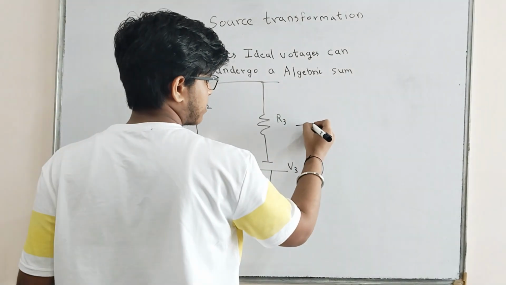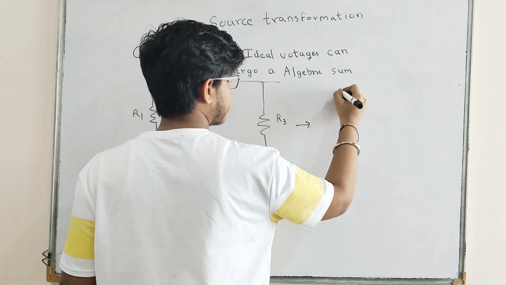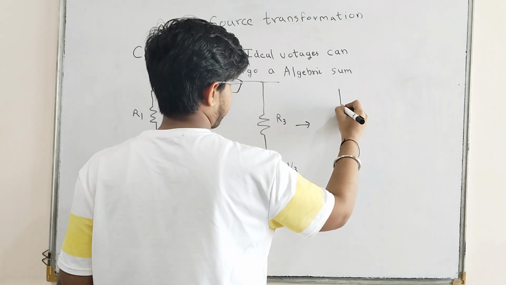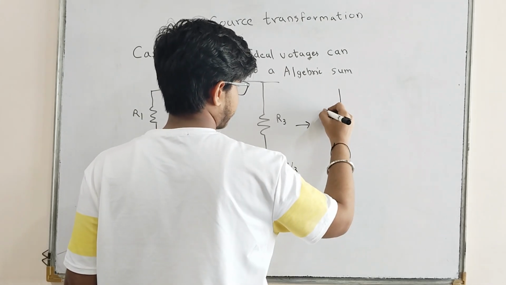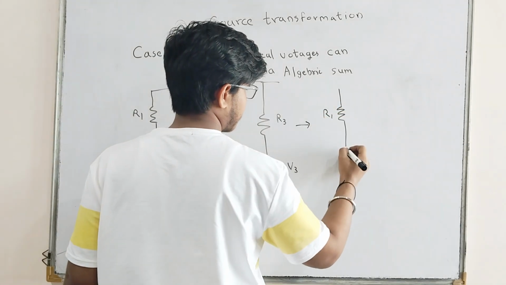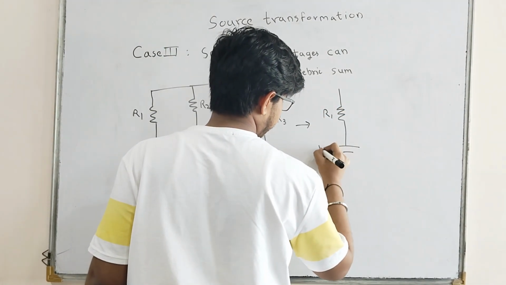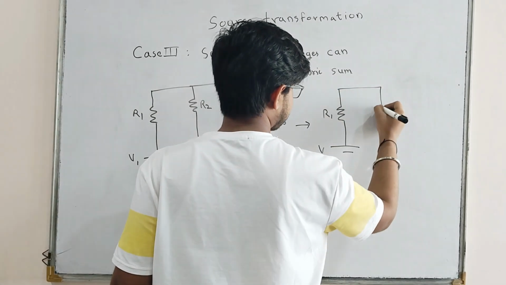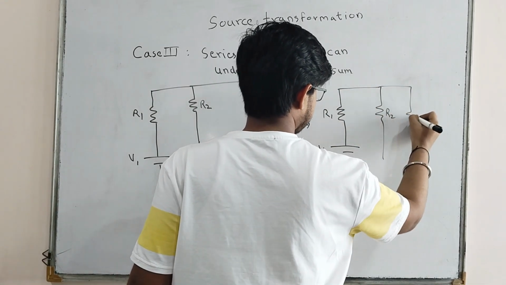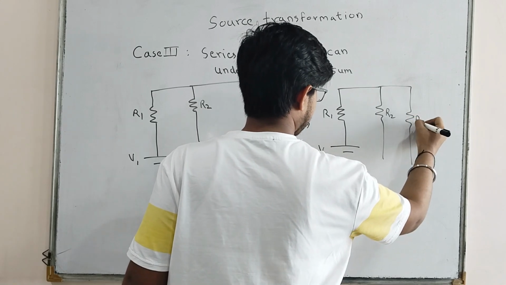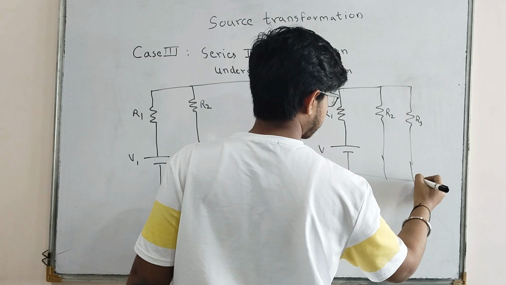So this can be converted into an equivalent circuit. We will consider it under R1. This will be my net voltage V, and this is my R2. This is my R3. Okay, let's complete the circuit.